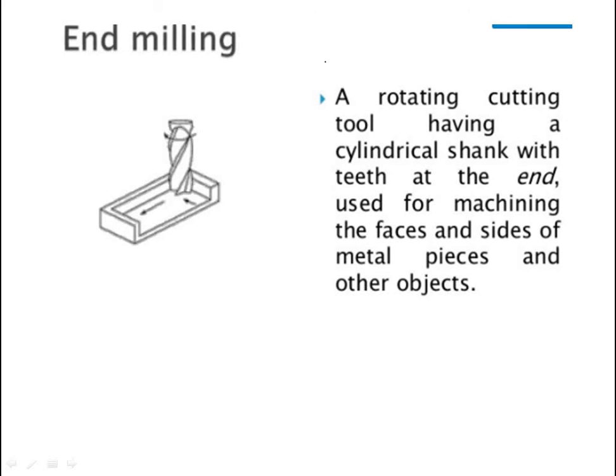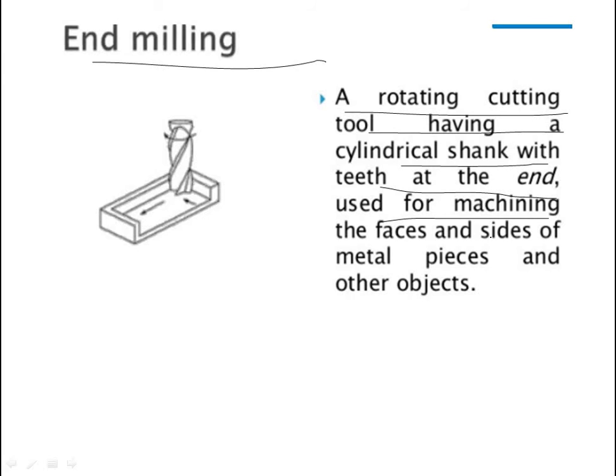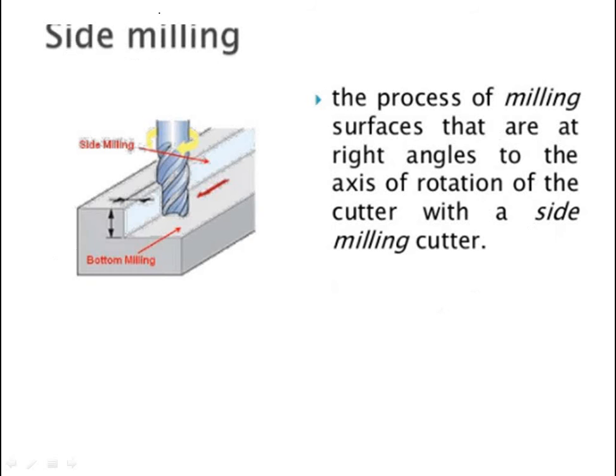Next, end milling. A rotating cutting tool having a cylindrical shank with teeth at the end, used for machining the faces and sides of metal pieces and other objects. We use end milling. This is the end milling. Next, side milling.